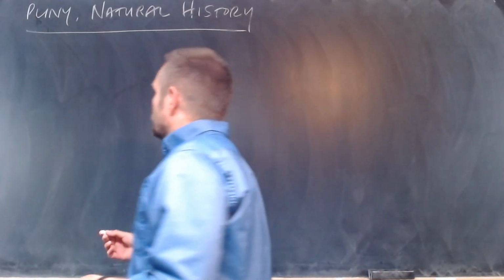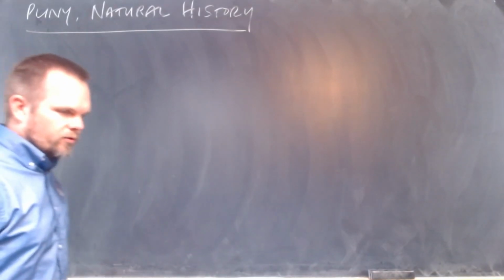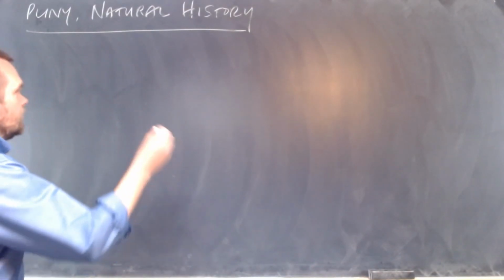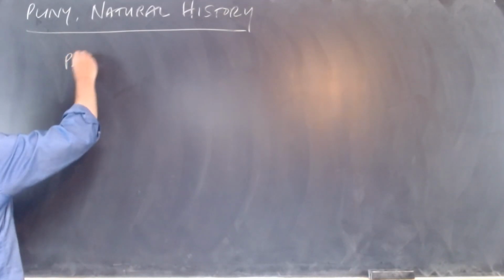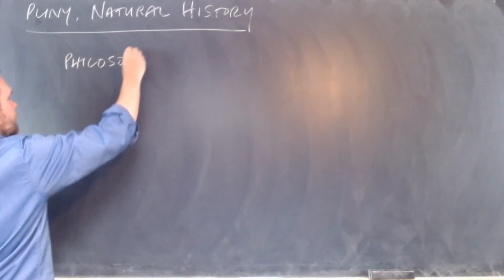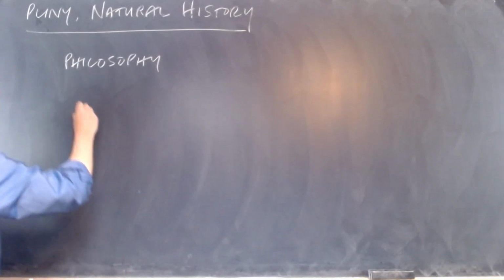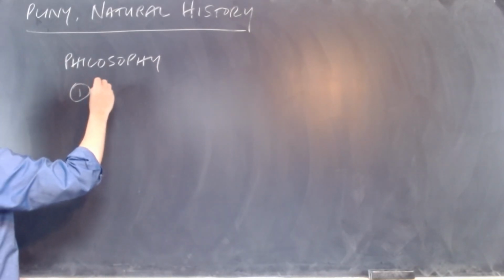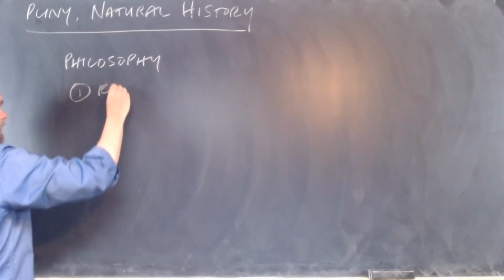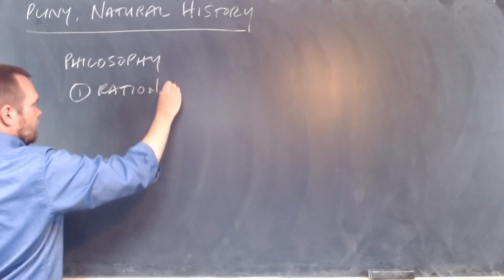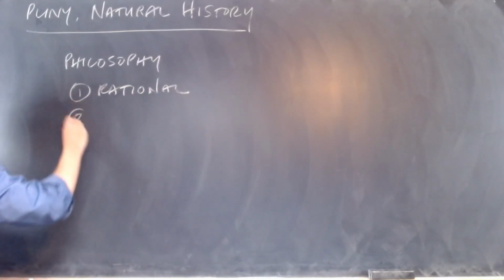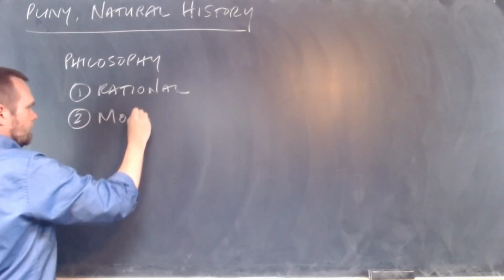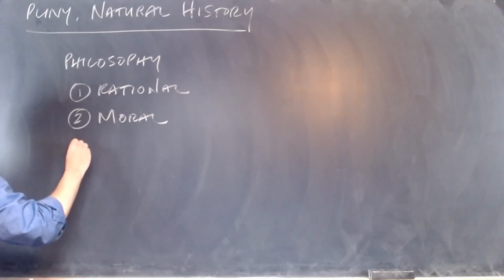The first thing we should talk about, and we talked about this when we had our introduction to Theophrastus, is philosophy. And I told you that there were three divisions of philosophy: rational philosophy, moral philosophy, and natural philosophy.